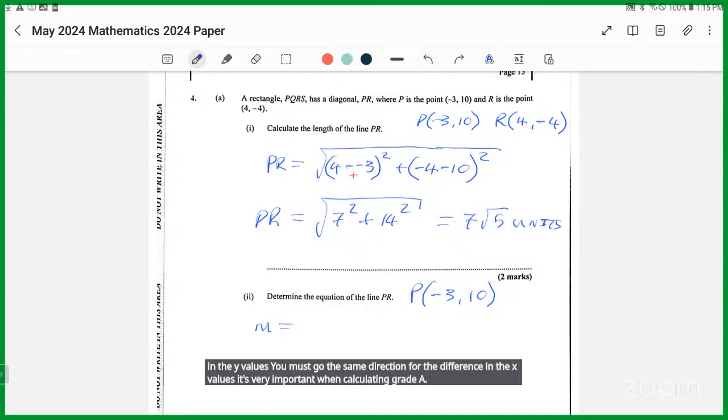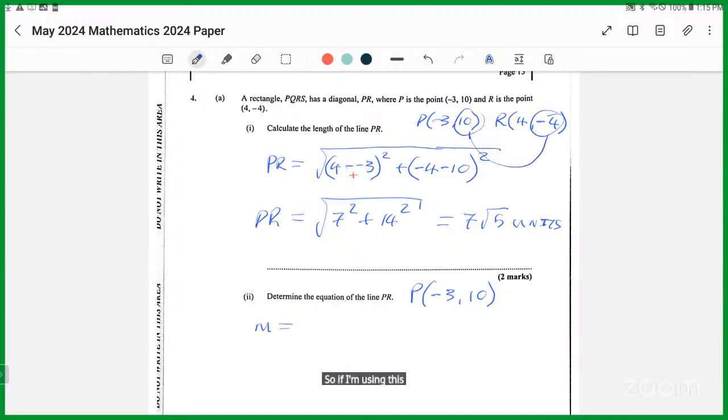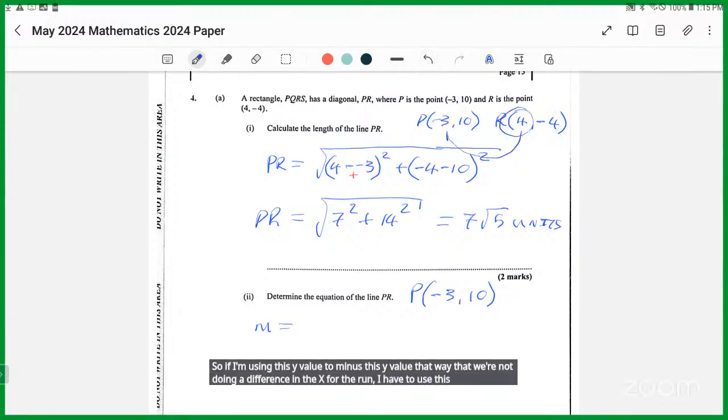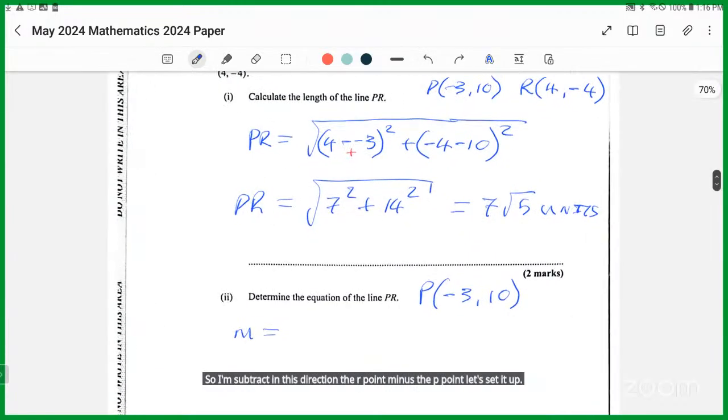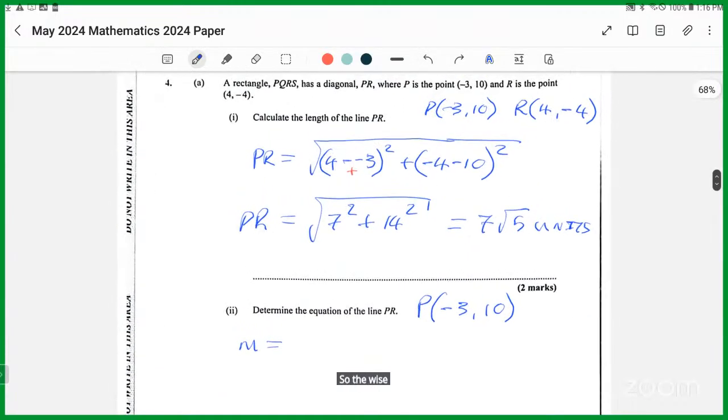So if I'm using this y value minus this y value that way, then when I'm doing the difference in the x for the run, I have to use this x value minus this x value that way. So I'm subtracting in this direction, the R point minus the P point. Let's set it up. The rise is the difference in the y values: this y value minus this y value. That's -4, that y value, minus 10, this y value.